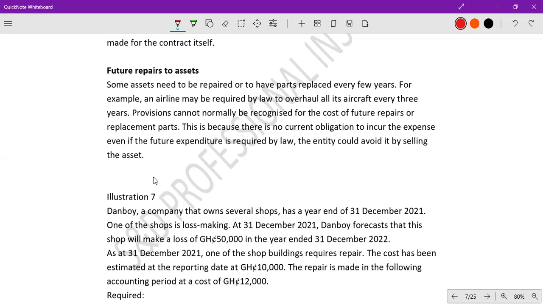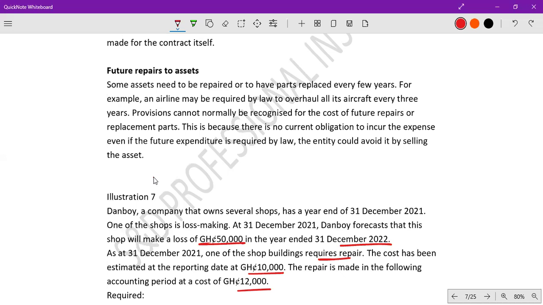At 31st December 2021, Dan Boy forecast that this shop will make a loss of 50,000 in the year ended 31st December 2022. As at 31st December 2021, one of the shop buildings requires repairs. The cost has been estimated at the reporting date at 10,000 cedis. The repair is made in the following accounting period at a cost of 12,000 cedis.